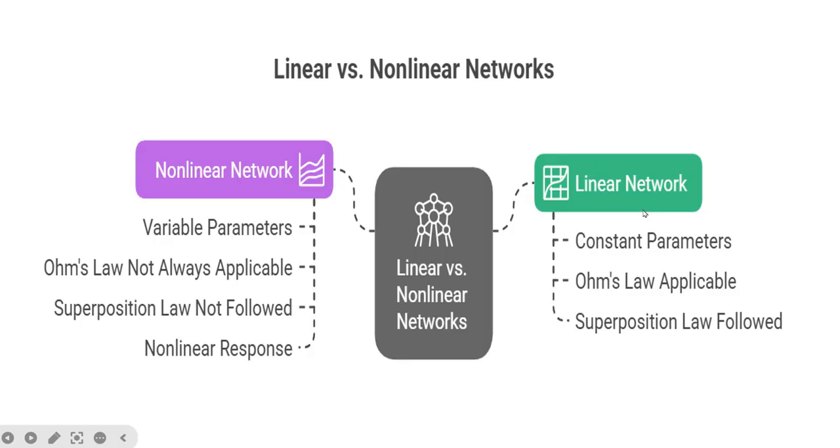Linear networks are those whose parameters such as the inductance, resistance and capacitances are always constant, irrespective of the change in time, voltage, temperature, etc. And here we can apply the Ohm's law for such type of networks, and also the mathematical equations of the linear networks can be obtained by using the superposition laws, and the response to such types of network elements is linear with respect to the input or the excitation which is applied to them.